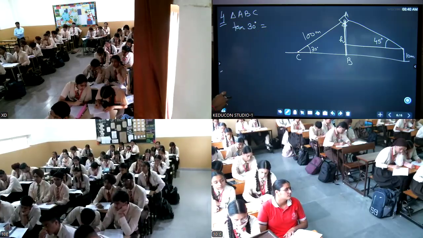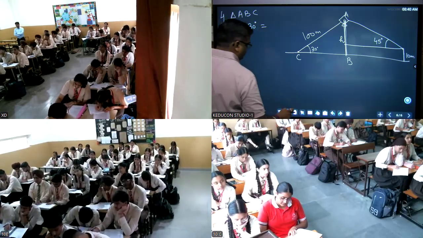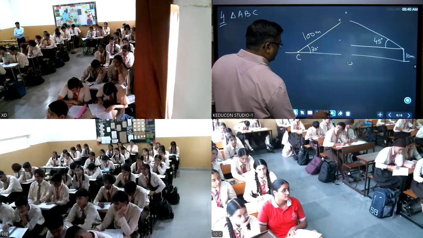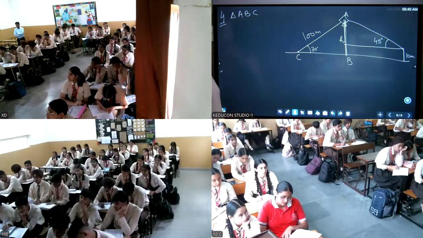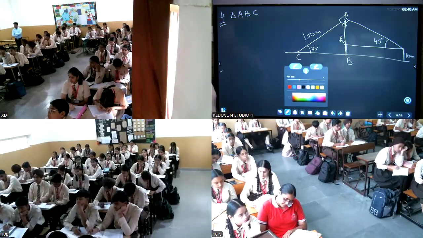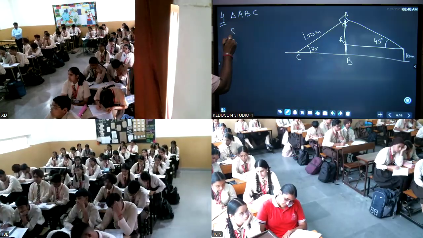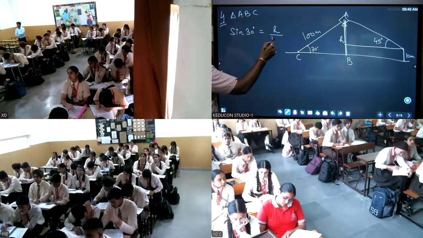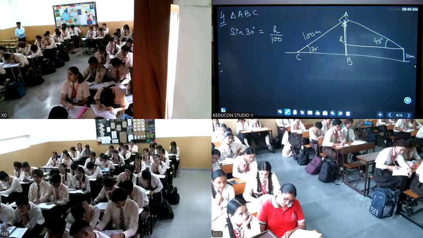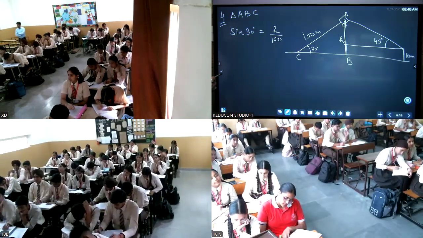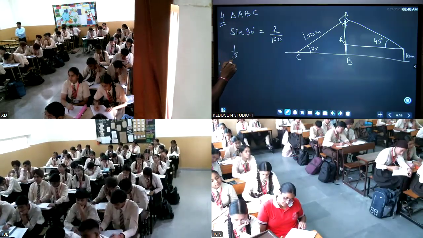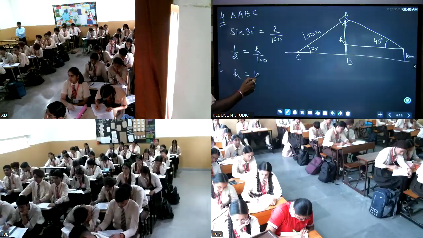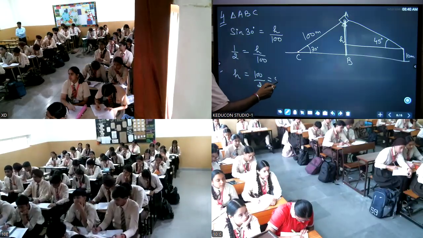Not tan, here will apply sin, because we have hypotenuse and perpendicular. So the concept that will apply is sin 30 degree, which will be equal to h upon 100. So now what will be h? What is the value of sin 30, students? 1 by 2. h will be equal to 100 by 2, which is 50 meters.